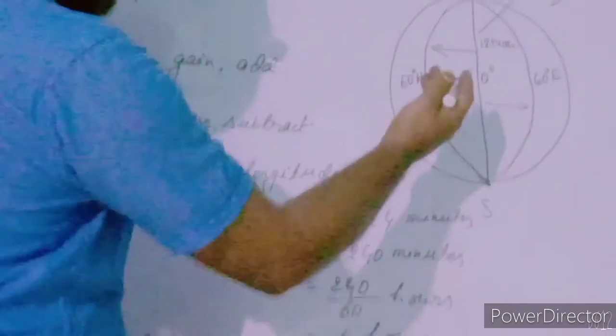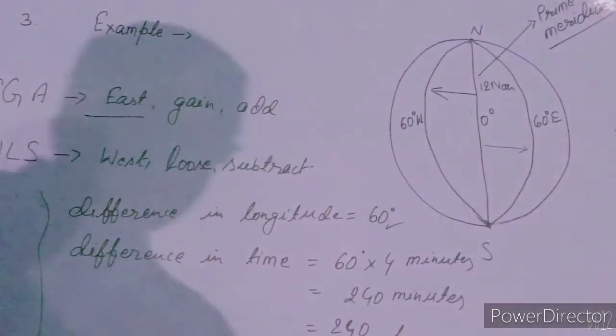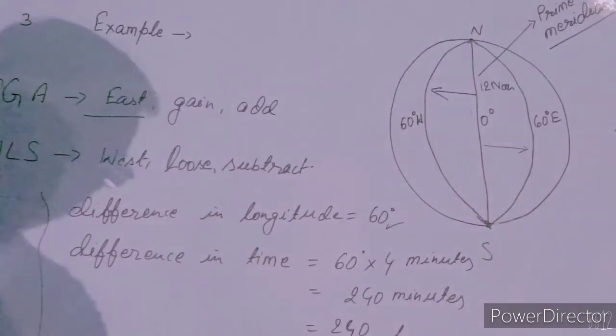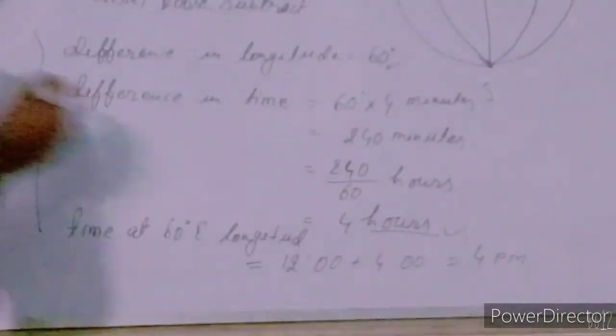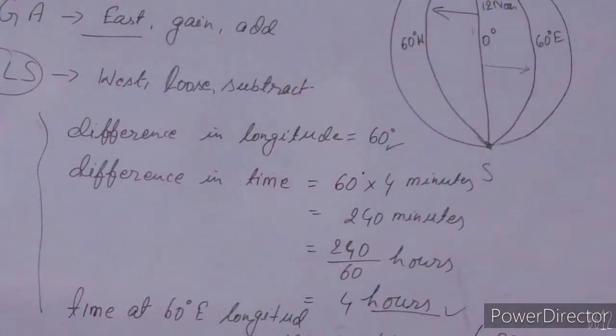Now this second part: if that longitude lies in the western hemisphere, then what should be done? These things will remain the same, the time difference will also be the same, but for the western hemisphere we follow this WLS.